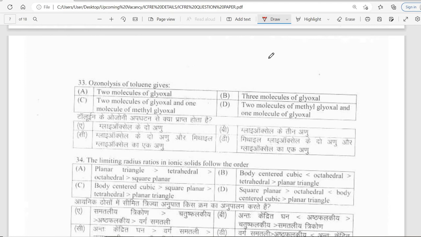Ozonolysis of toluene gives? First, we know how ozone can break the double bond. Toluene is one benzene ring with one methyl group.